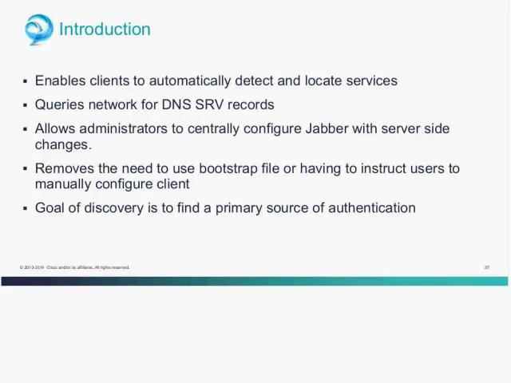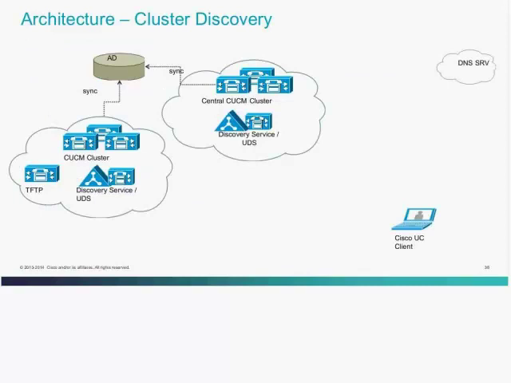The goal of the discovery process is to identify the primary source of authentication, or the cluster where the home user is located. So we are going to discuss the flow of how a Cisco UC client, or Cisco Jabber, would discover the services and register to the corresponding servers.